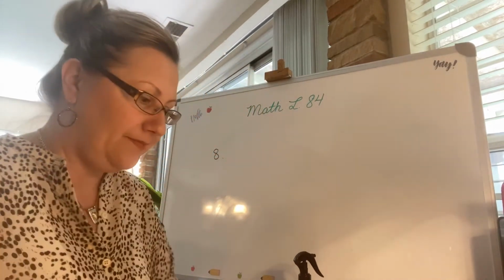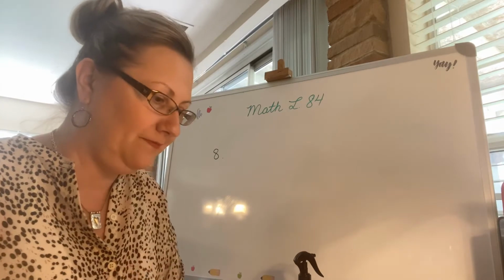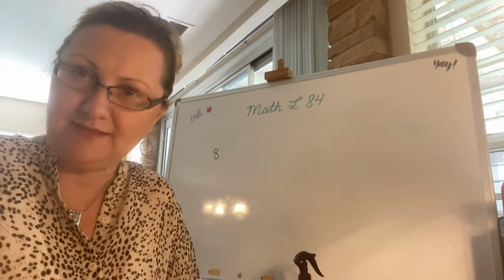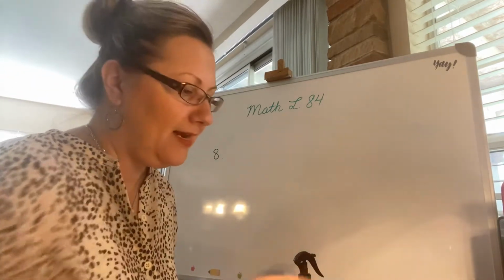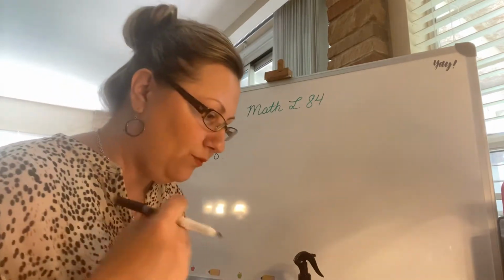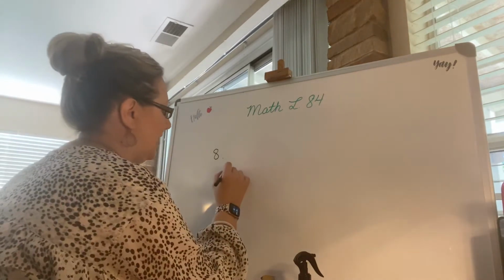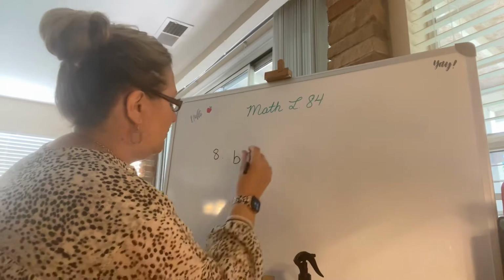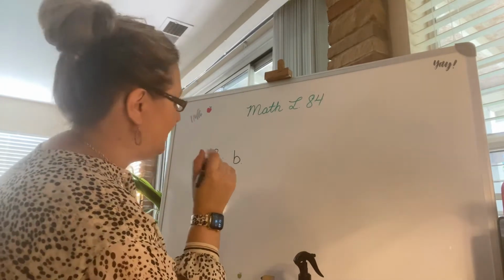Now, if Tamara traveled 350 miles in 7 hours, then she traveled an average of how many miles each hour? Notice that word each gives us a clue in any story problem that we want that as the first line of our story problem. So for 8, now B, we say she traveled 350 miles in 7 hours.